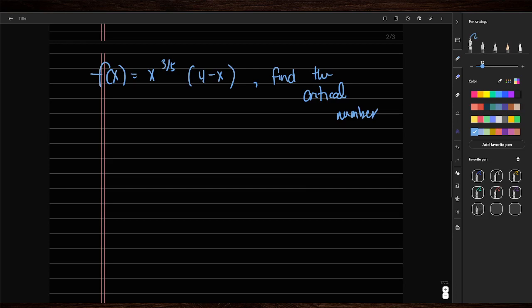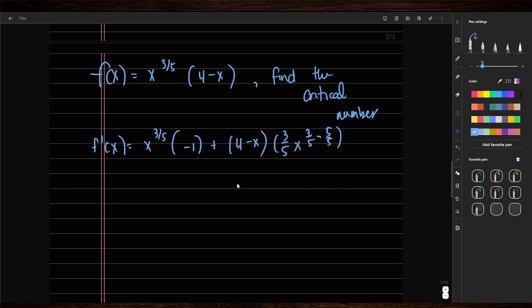So from the definitions that we have, let's derive this. f prime of x, we will use the product rule. So this is x to the 3/5 times negative 1, plus 4 minus x times 3/5 of x raised to the 3/5 minus 1, or you could say minus 5 over 5.